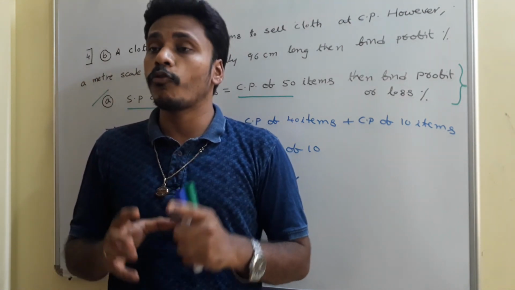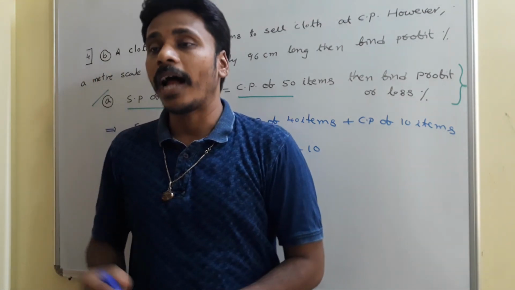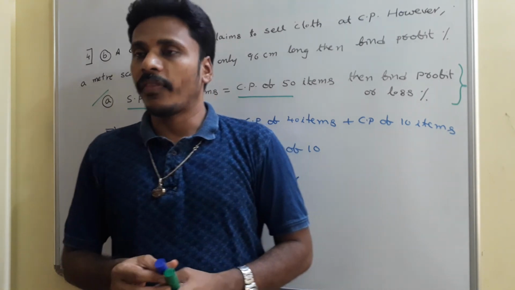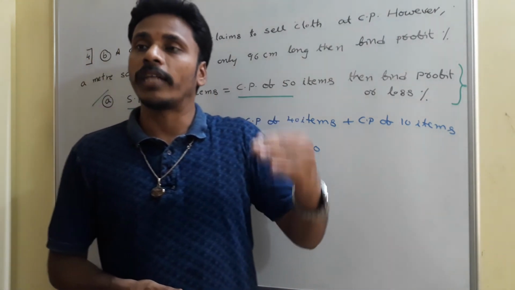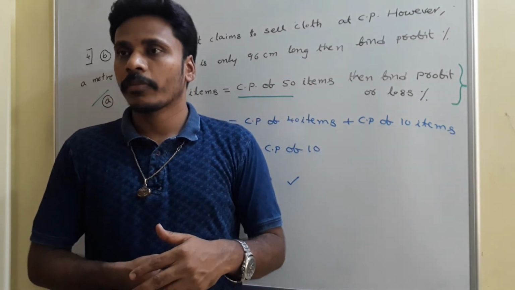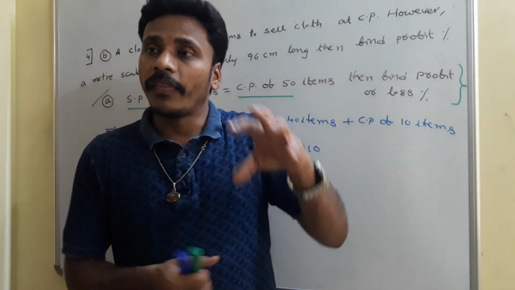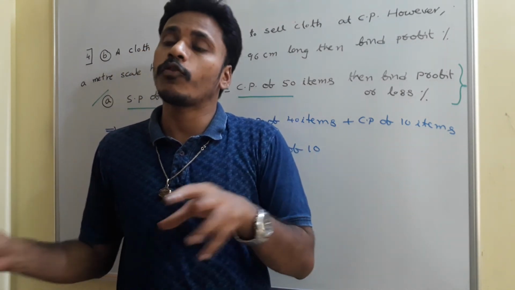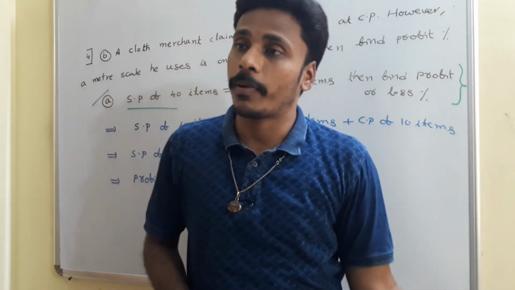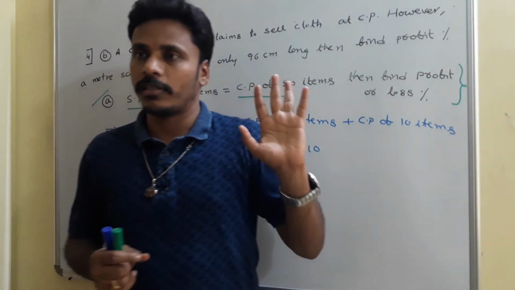And for example, if you buy 1000 pens, the cost price is 1000 into 10, that is 10,000 rupees, and the selling price is 12 into 1000, that is 12,000 rupees. Then the profit amount is 2,000, but the profit percentage is again 20%.